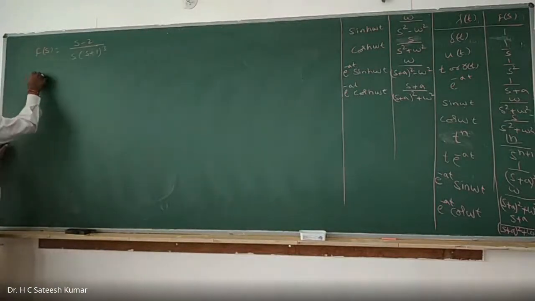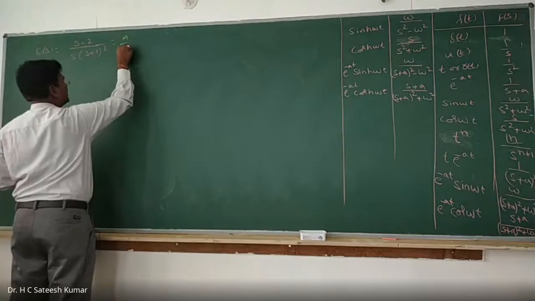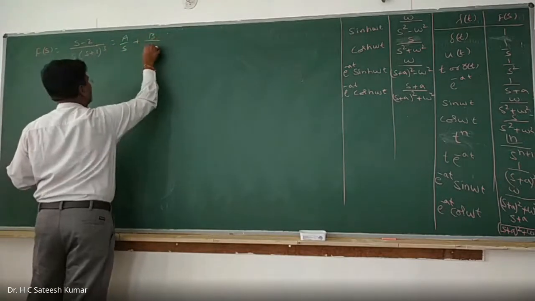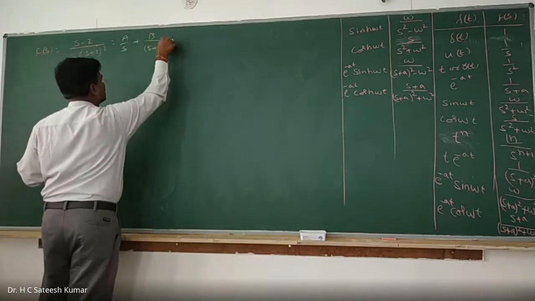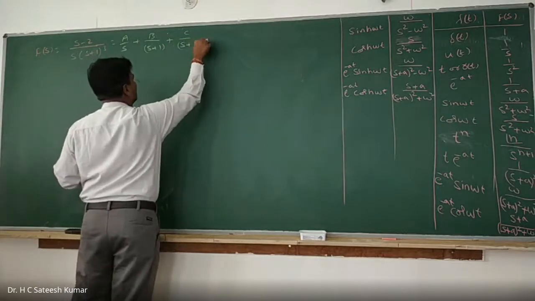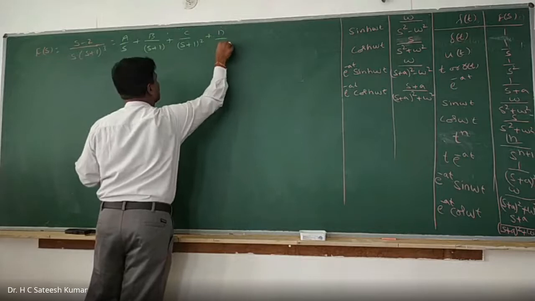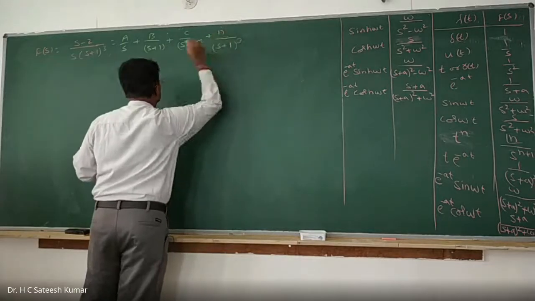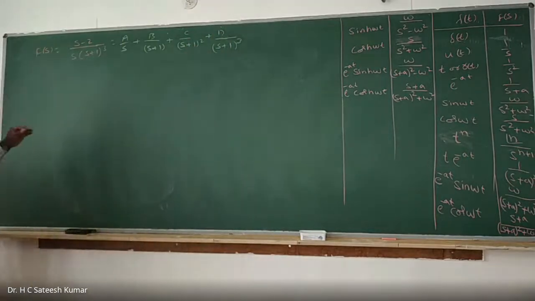Once again, this is equal to A by S plus B by S plus 1 plus C by S plus 1 whole square plus D by S plus 1 whole cube. Whenever we have repeated roots, we can go for this.